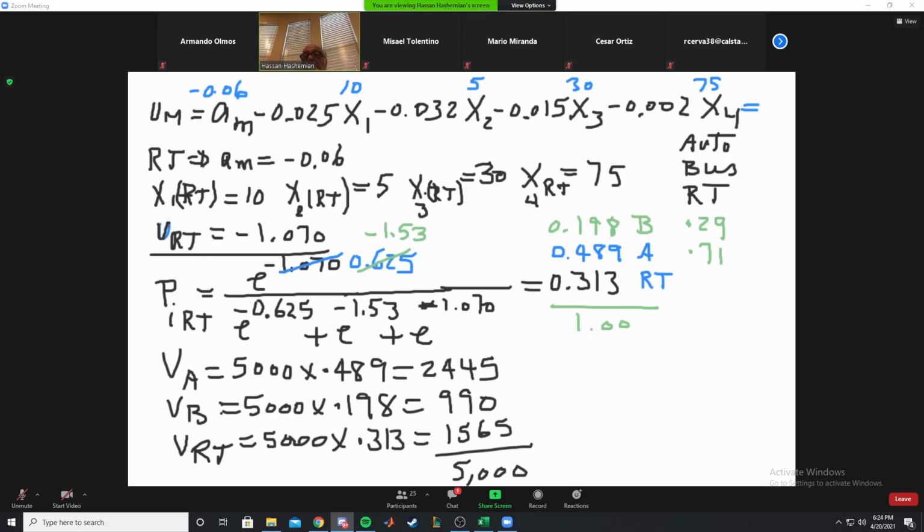Now, if I ask how much revenue the mass transit will make. Mass transit means what? Means buses and rapid transit. So for buses, we had 50 cents, correct? Per ride.